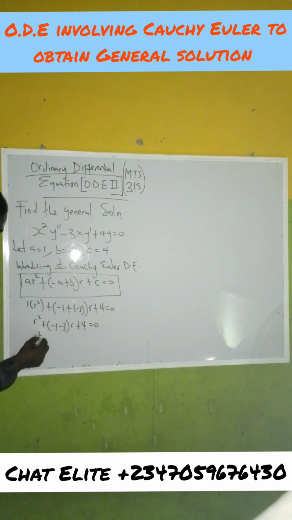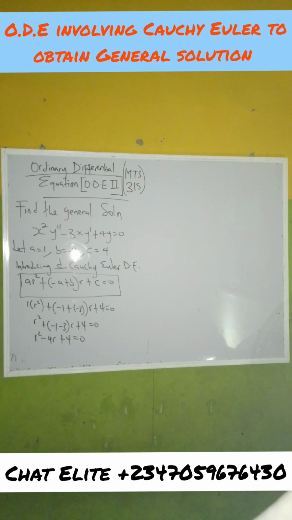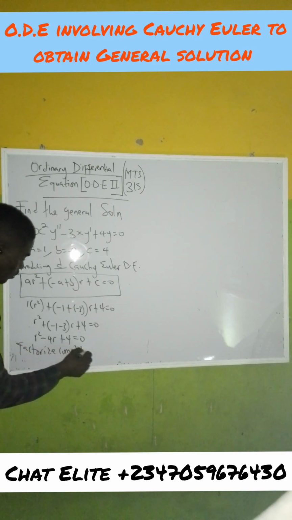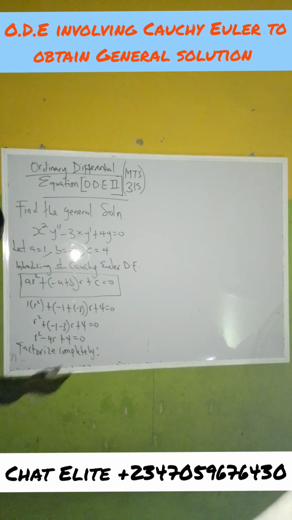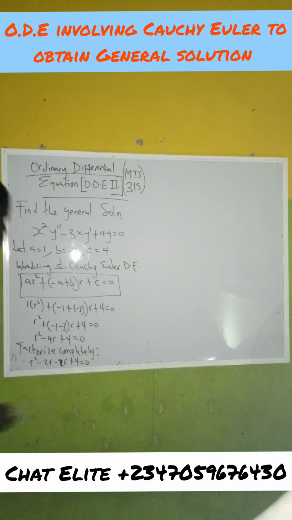So we are having r squared minus 4r plus 4 equals 0. Alright, at this junction we are going to factorize completely. So we are having r squared minus 2r minus 2r plus 4 equals 0.